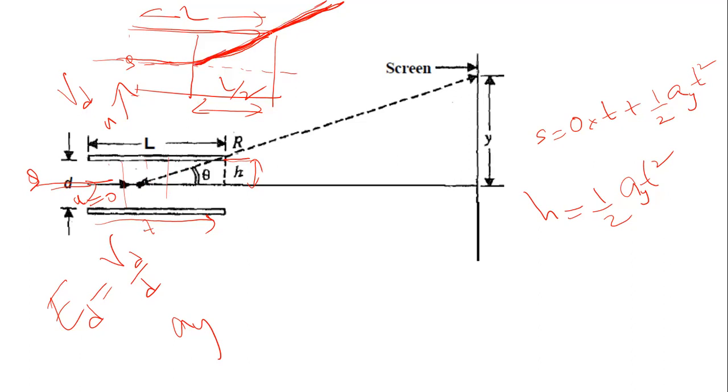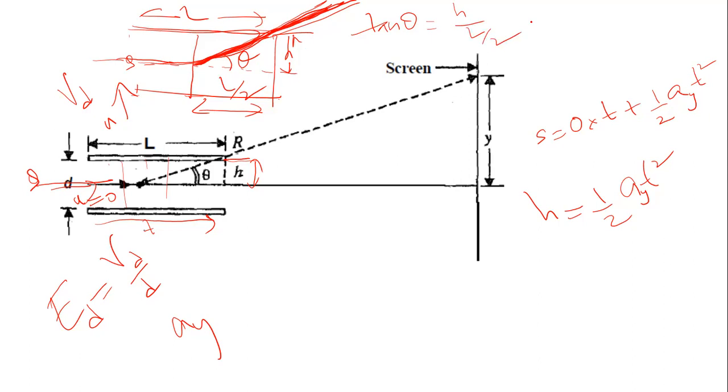So let's say this is your theta and h is the height here, L upon 2 is the length here. So your tan theta will be opposite h upon base, h upon L upon 2.